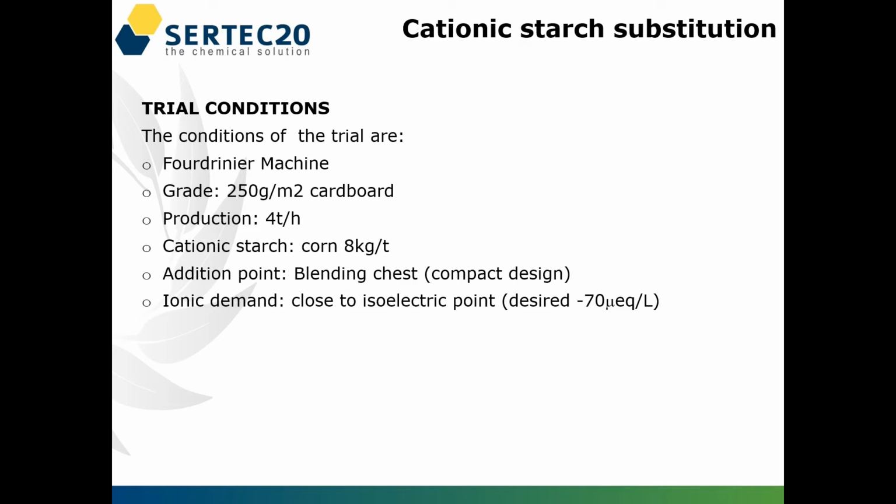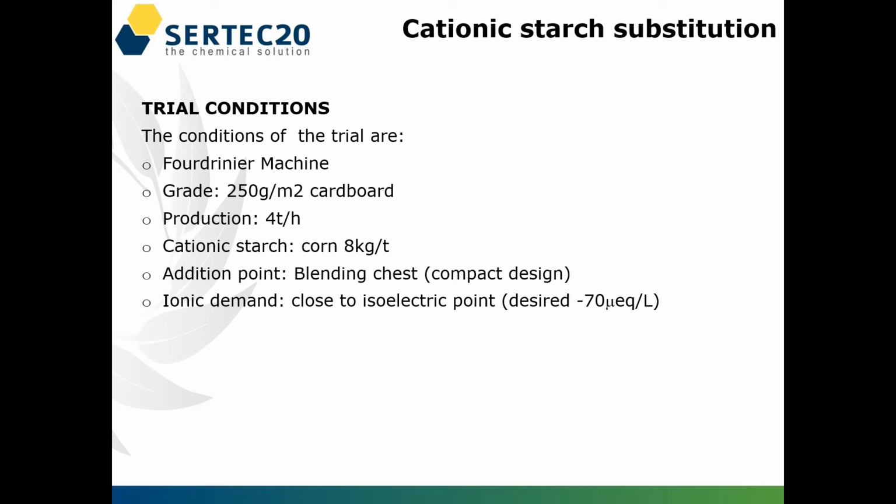Now in this slide I want to introduce the conditions that we had for the long trial that is presented in this oral presentation. We had a Fourdrinier machine with a production of 4 tons per hour of 250 grams per square meter cardboard. Cationic starch was from corn, and it was added at a rate of 8 kilograms per ton. The addition point was the blending chest.